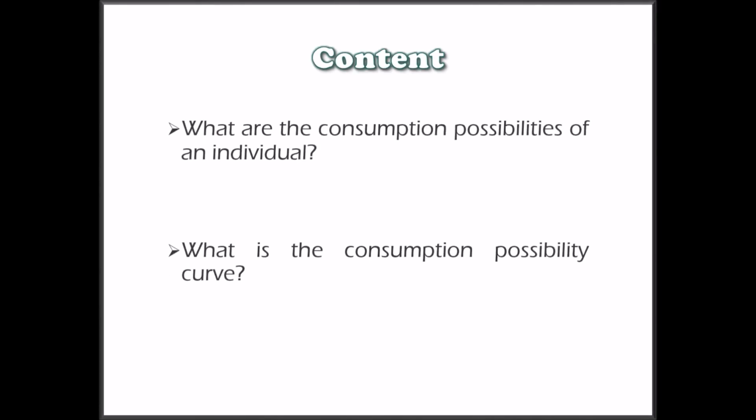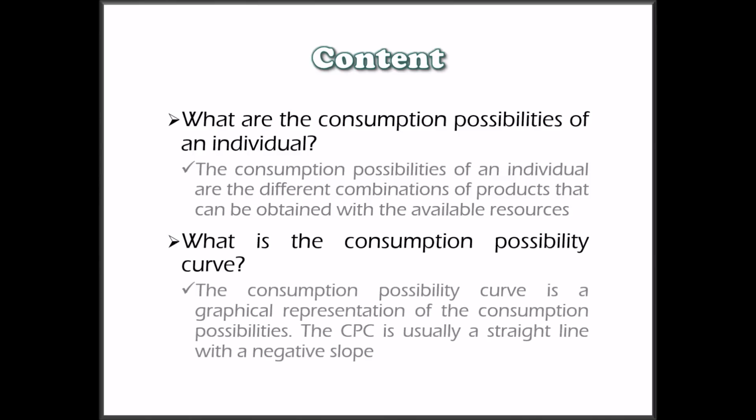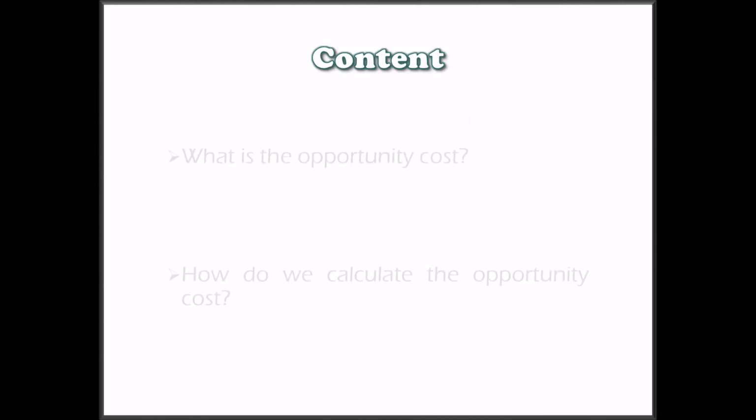To conclude, let's review the questions that this class set out to answer. In this class, we saw that the consumption possibilities of an individual are the different combinations of products that can be obtained with the available resources. The consumption possibility curve is a graphical representation of the consumption possibilities. The CPC is usually a straight line with a negative slope.